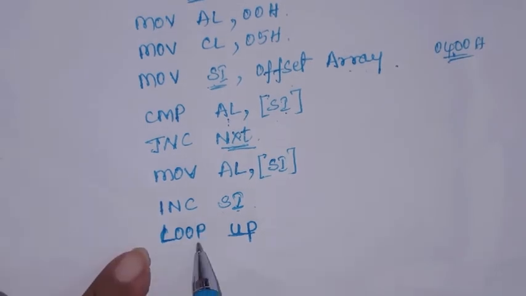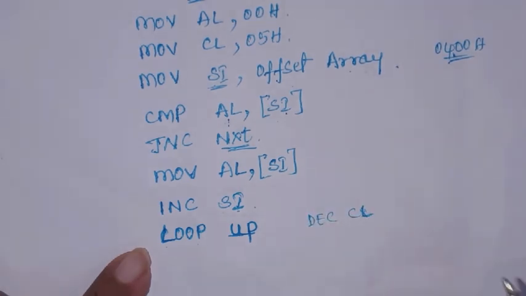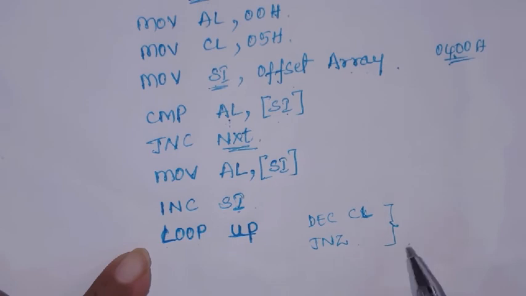Here you can use loop, or I can write decrement CL register, then jump on no zero. If you don't know the loop instruction, then you will have to use these instructions. If you know the loop instruction, no need of using these two instructions.